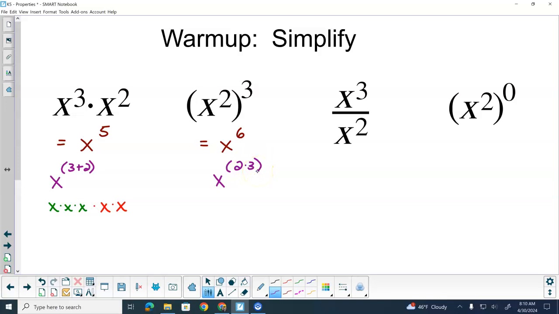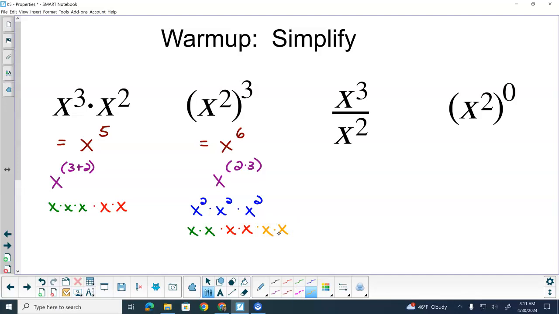Or if we wrote it out, we could write it out as x squared times x squared times x squared, and then it would be x times x, x times x, and that would give us our 6.